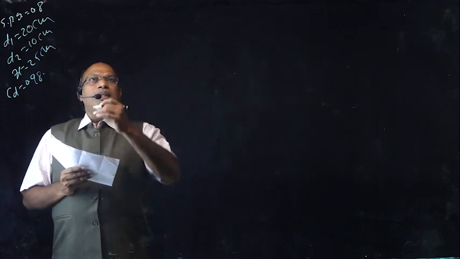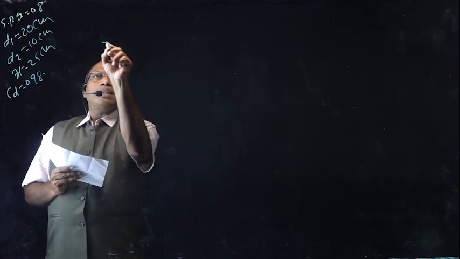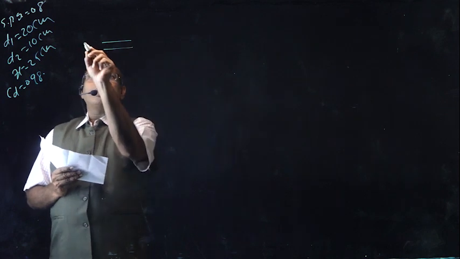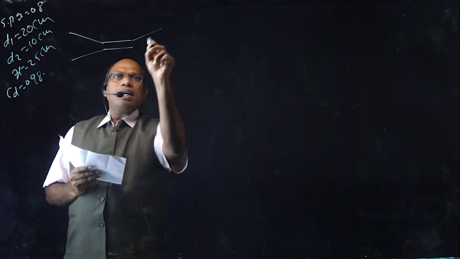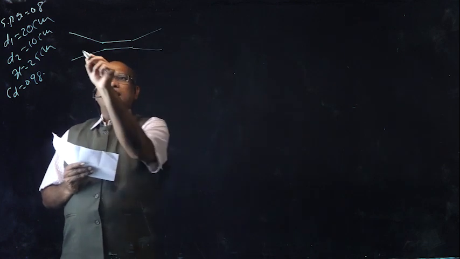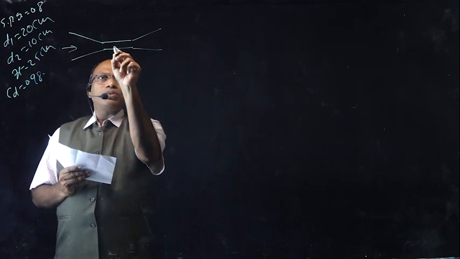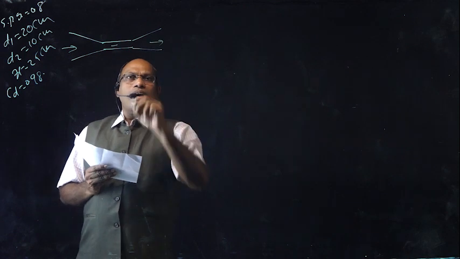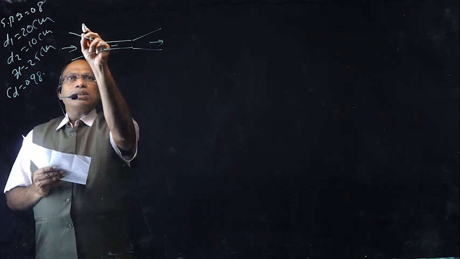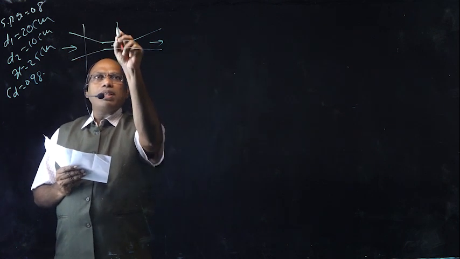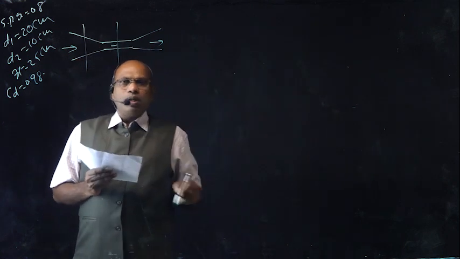Here, this is the throat, this is inlet, this is the outlet: convergent zone, throat, and divergent zone. Suppose this is section 1-1, this is section 2-2.